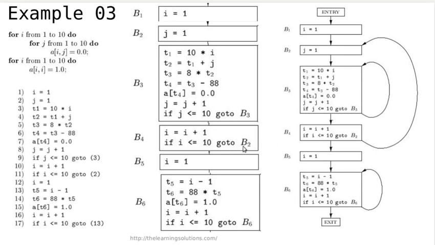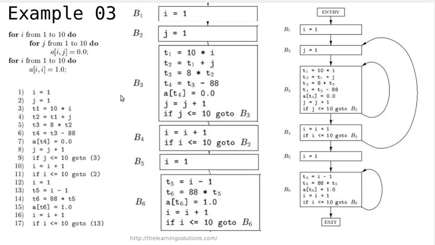From B4 go to B2, so B4 to B2 flow is possible. Then B4 to B5 is possible, B5 to B6 is possible, and from B6 to B6 again that flow is possible. So the control flow is shown for the identified blocks, and this is the final answer for the given example.